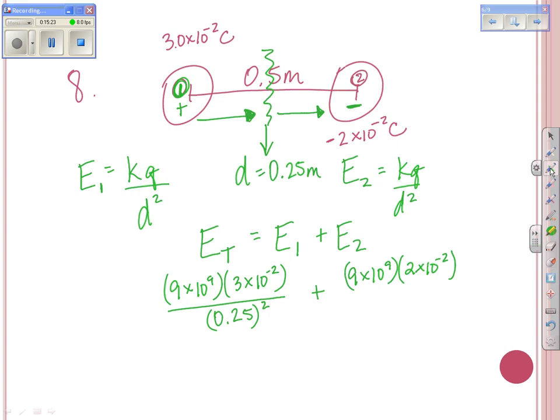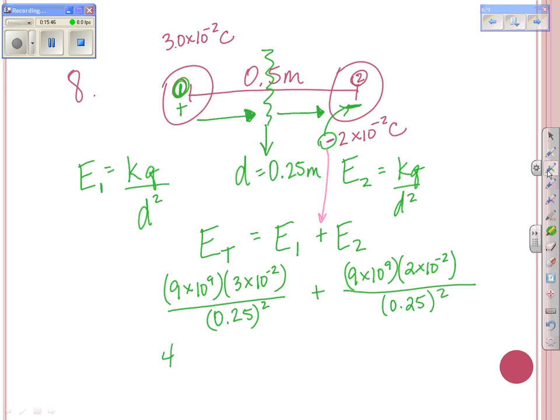We're not going to use that negative there because that negative was really just to help us know about the direction that's going to travel. It was used primarily to help us figure out whether we were going to add or subtract these two together. So we're going to disregard that negative after we figure that out, and we're going to use 0.25 squared here as well.